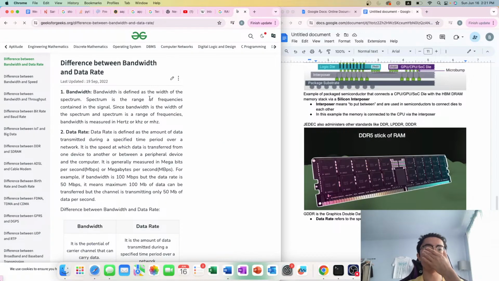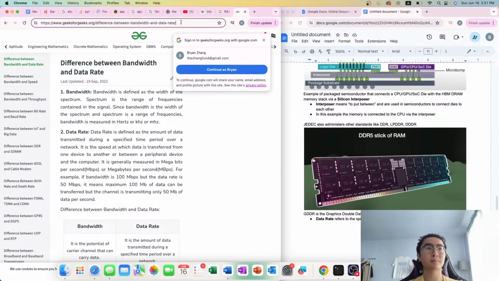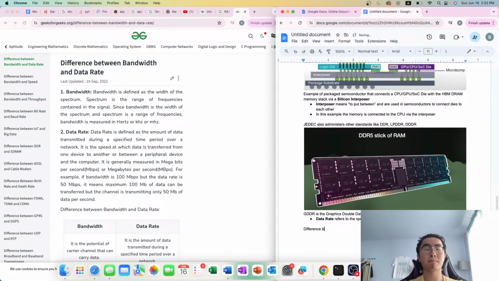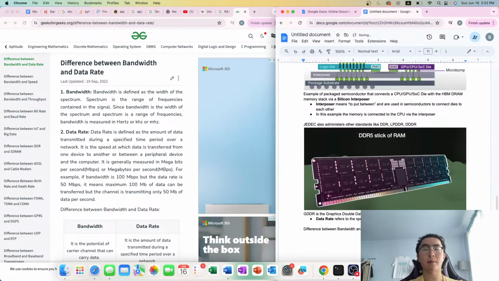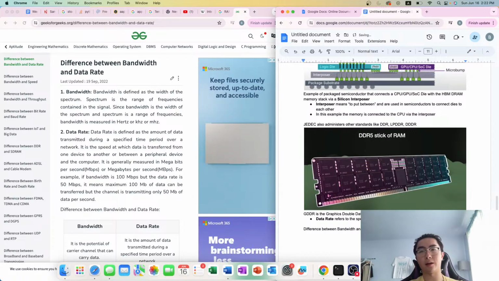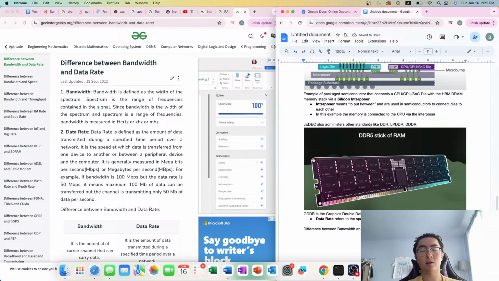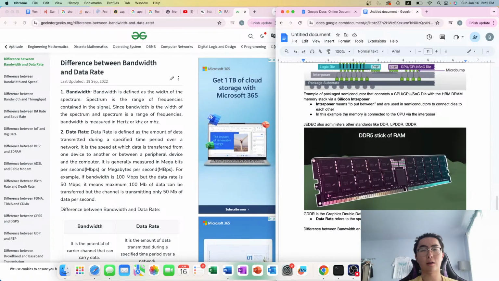This is actually interesting. So I remember bandwidth, without looking at it, is how much data you can store or maybe transfer in a single signal.